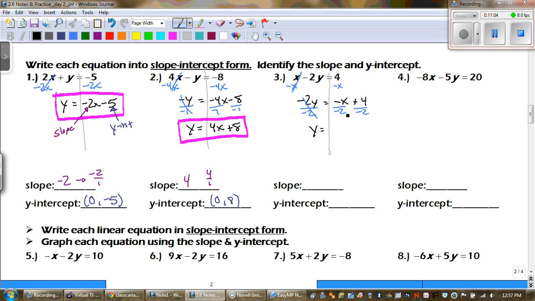Now, how many x's do we have up there? You have 1, so that's 1/2 x minus 2, because the two negatives turn that into a positive. Okay, so our slope is 1/2, and then our y-intercept is (0, -2).